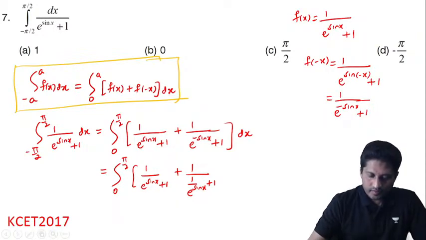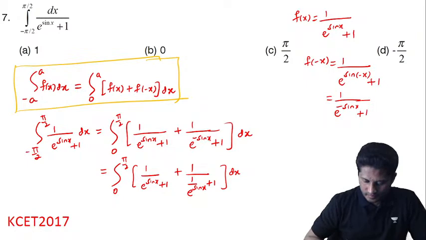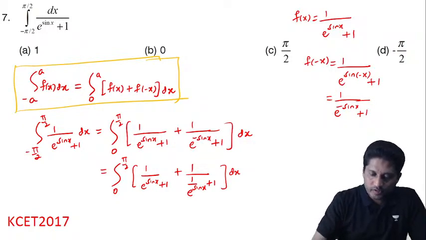Right, now if I cross multiply and shift to numerator, this is 0 to pi by 2, 1 divided by e power sin x plus 1, right?